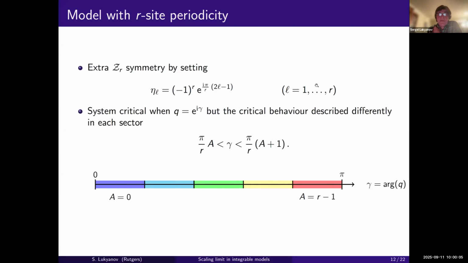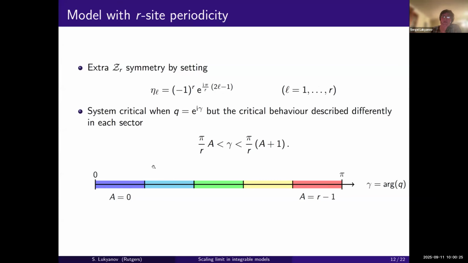Now we have Z_R symmetry, the inhomogeneities are roots of unity given by that formula. Again, in this situation we have only one parameter, gamma, which is an anisotropy parameter.